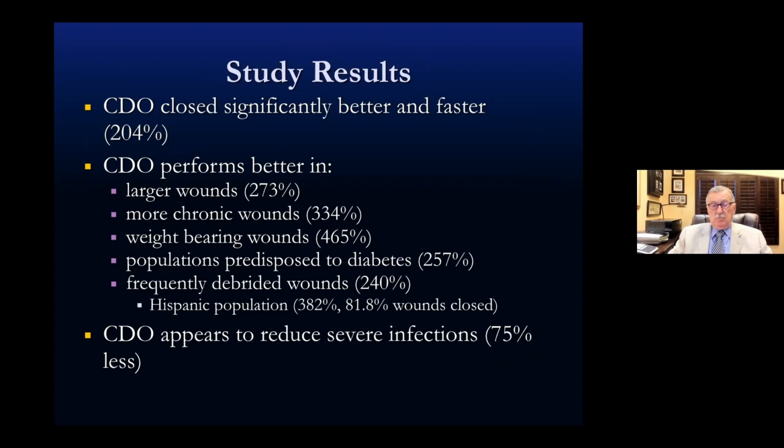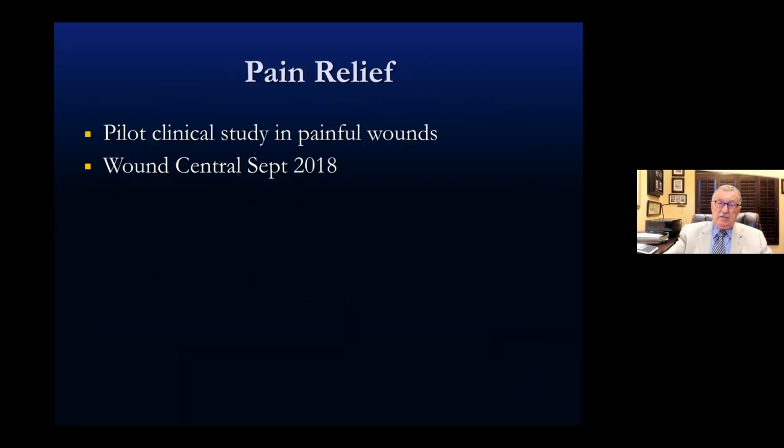It just shows the importance of good basic wound care in addition to the oxygen therapy. The CDO, or continuous diffusion oxygen, seemed to decrease the incidence of severe infections, 75% less.